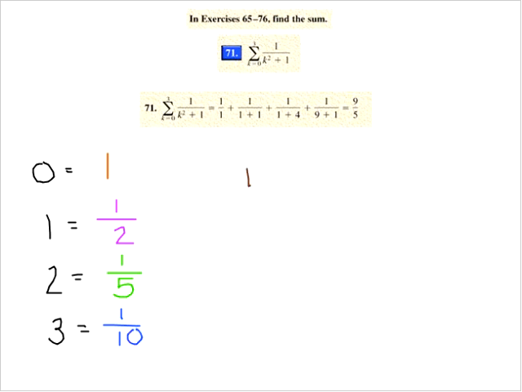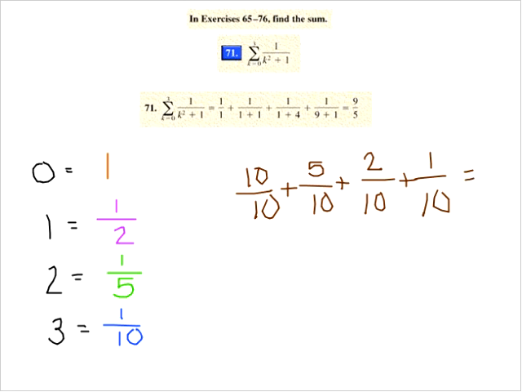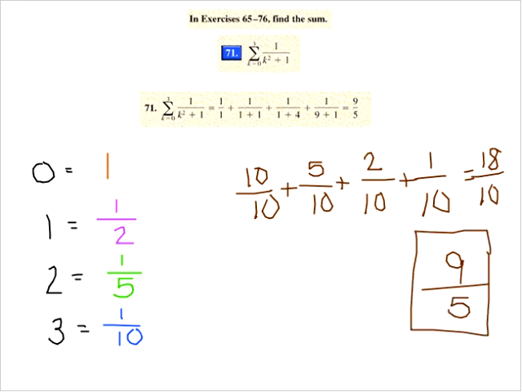When I'm adding these together, they need a common denominator of 10. That leaves me with 15, 16, 17, 18 over 10. Divide each number by 2, and I get 9/5 for my sum.